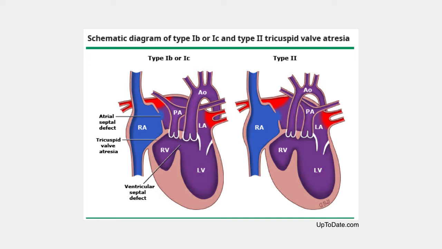We've entered the right atrium from the IVC or SVC, and we meet resistance and indeed an inability to flow in a forward fashion at the level of the tricuspid valve due to this shelf of tissue that's causing tricuspid valve atresia. So then our only option is to move from right to left across the ASD into the LA. From the LA, we move in a normal fashion across the mitral valve into the left ventricle.